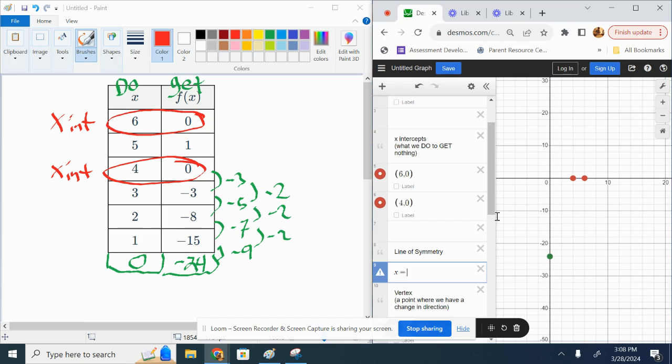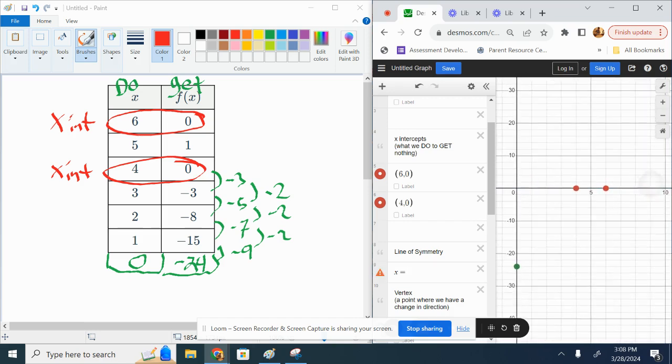Okay, so next thing, a line of symmetry is always in the middle of my repeated values. I have 2 repeated 0s here, so we can tell that it occurs here in the middle of my repeated values. We're looking at the x value for that, so that's going to be an x value of 5.